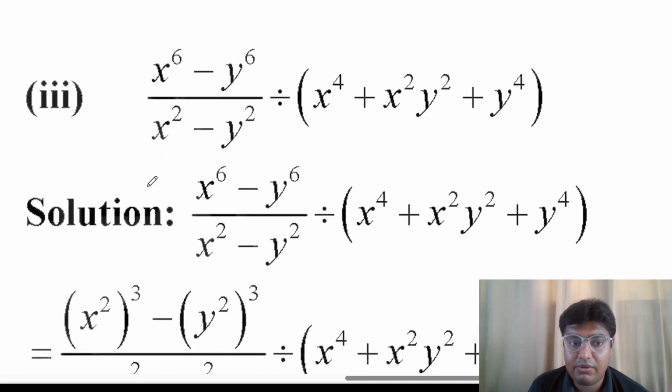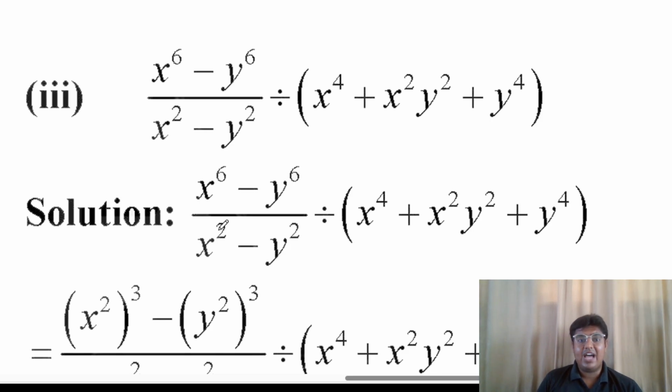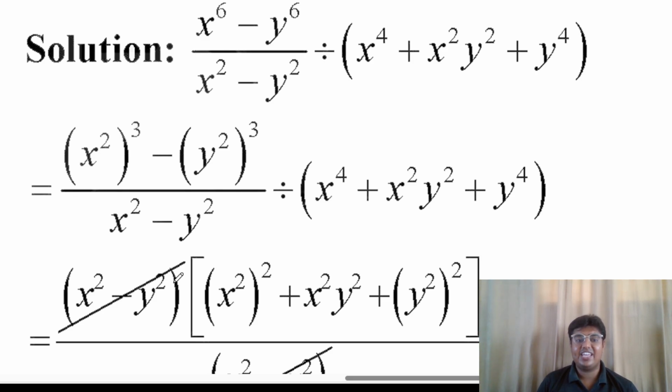Okay, now part 3 seems tricky because I can see x to the power 6 minus y to the power 6, which means I have to apply the formula. I can write x square to the power 3. Yes, because 2 multiplied by 3 is 6.